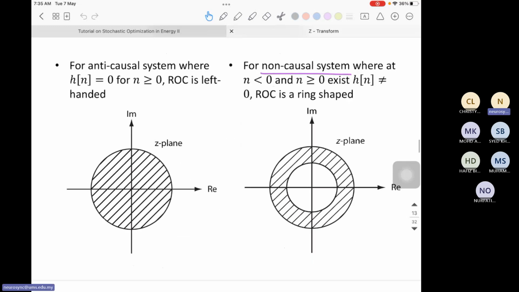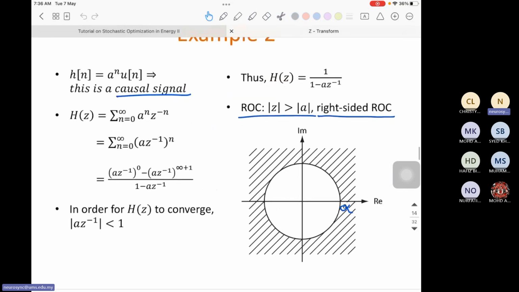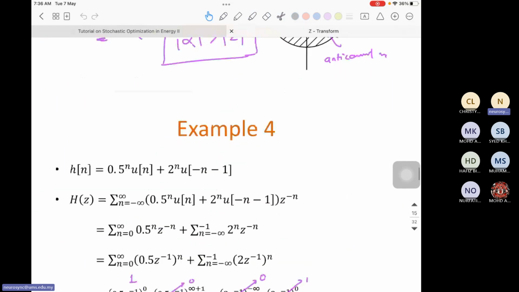For the anti-causal system, that means h of n is 0 for n equal to 0 and the positive values of n, the ROC for that system is left-handed, that is inside this circle. And for the non-causal system, we will get the ring type structure. Okay. And we have seen some problems on that.